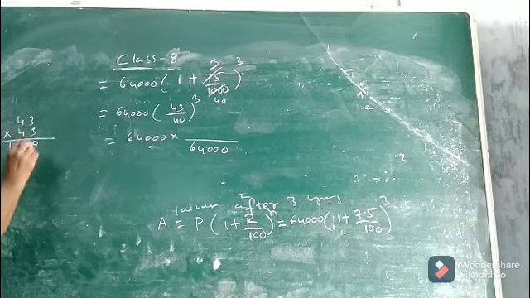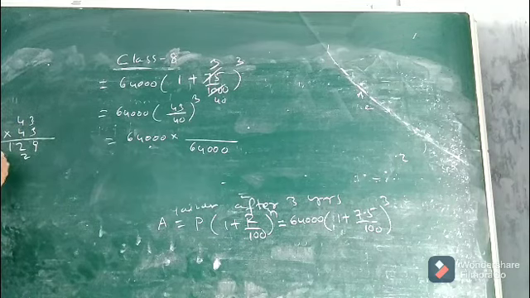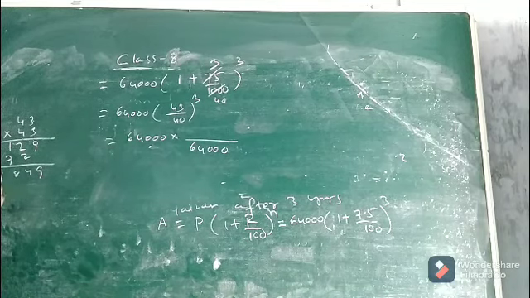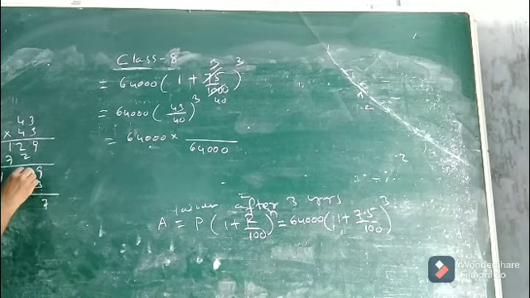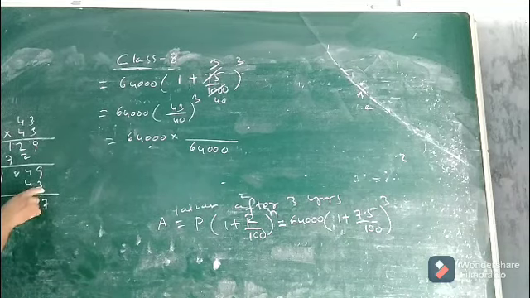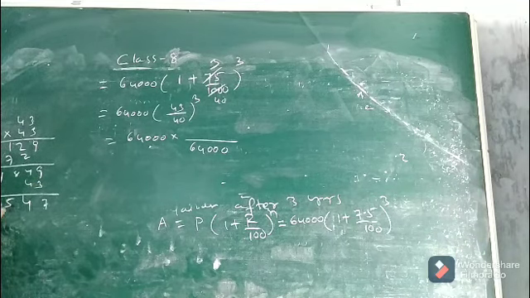43 times 43: 3 times 3 is 9, 3 times 4 is 12, 4 times 3 is 12, carry 1, 4 times 4 is 16 plus 1, it is 17, so 1849. Again you multiply by 43: 3 times 9 is 27, carry 2, 3 times 4 is 12 plus 2, it is 14, carry 1, 3 times 8 is 24 plus 1, 25, carry 2, 3 times 1 is 3 plus 2, it is 5.